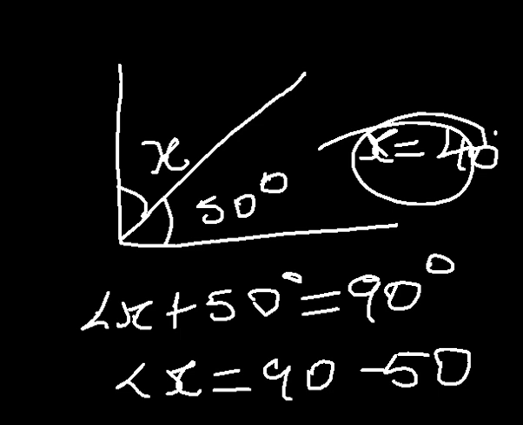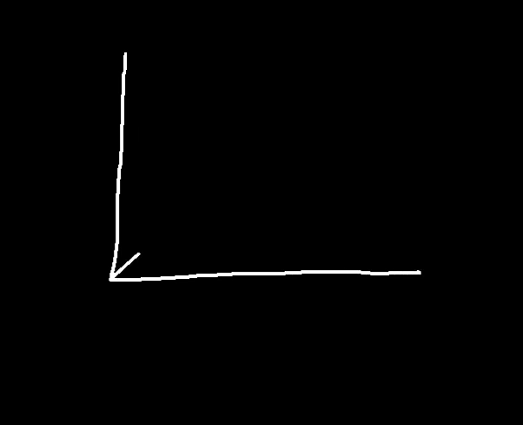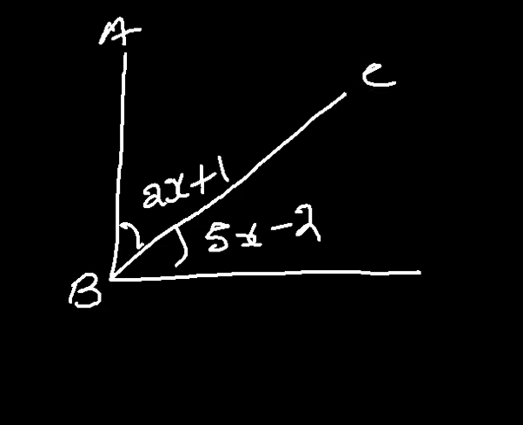And assuming that we have this case as well, let's say we have 2x plus 1, let's say this is 5x minus 2, let's say this is A, this is B, and C, and actually this is D. Now find the angle labeled ABC as well as the angle labeled CBD.